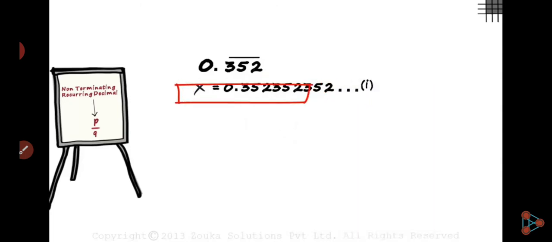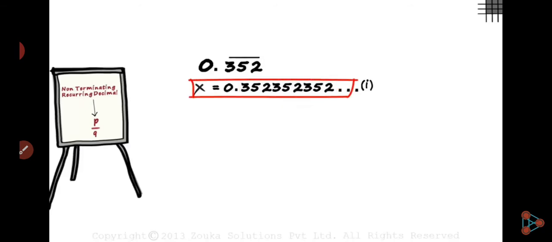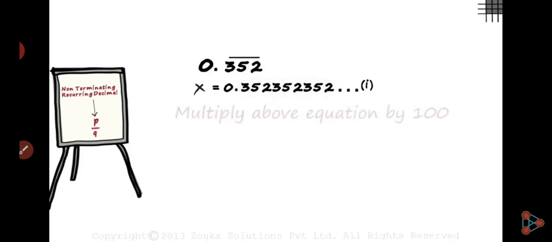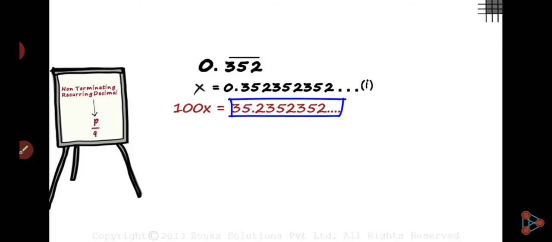Now we want to write it in the form of p upon q, so we have to multiply. See, here 3 digits are repeated, so how many zeros should we multiply by? If we multiply by 10, only 52 is repeated. If we multiply by 100, we still have a remaining 2. So we have to multiply by 1000 here.